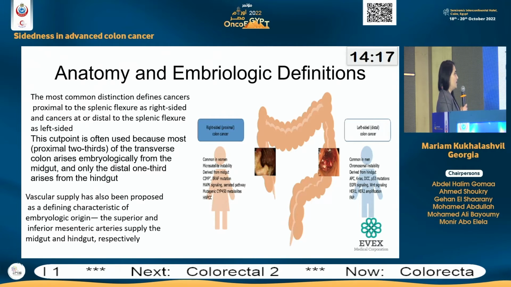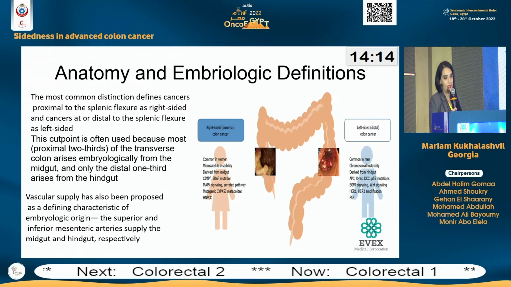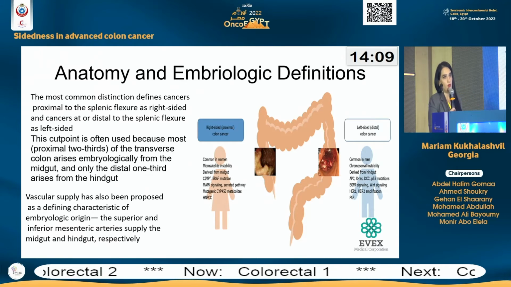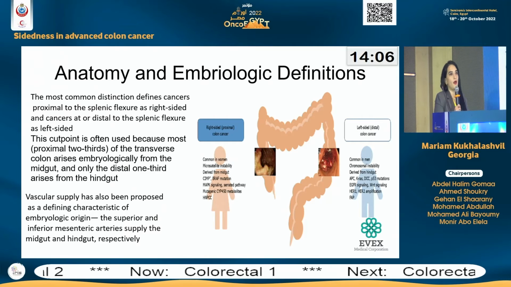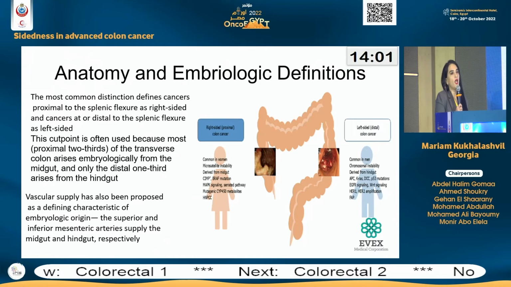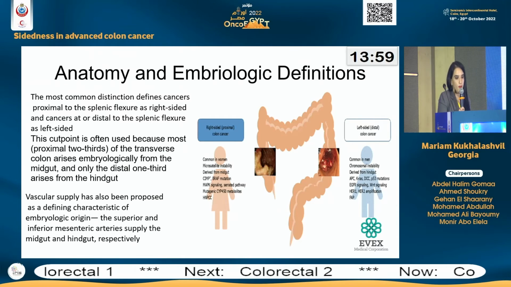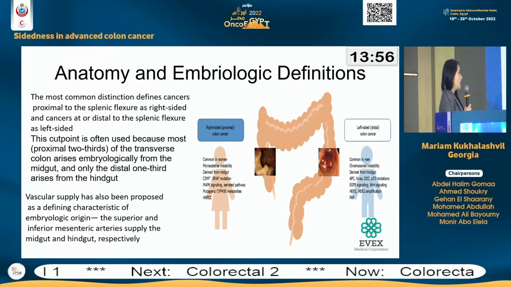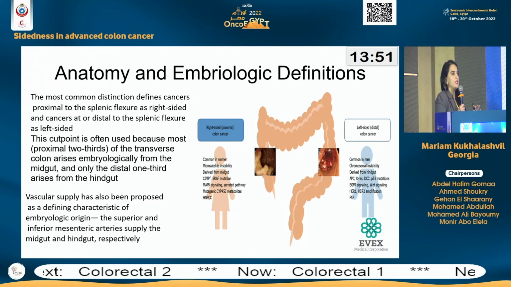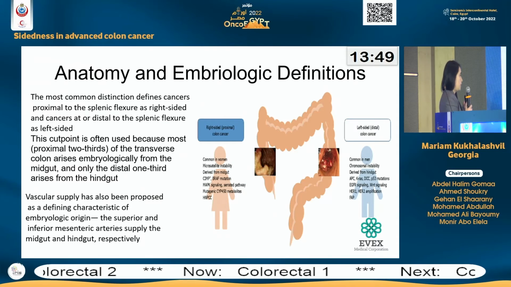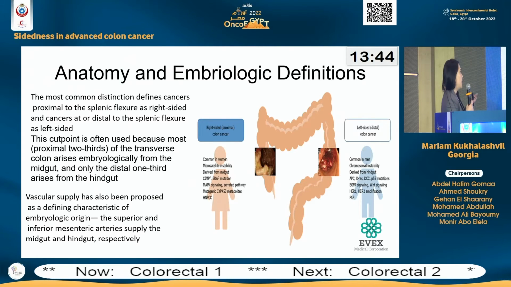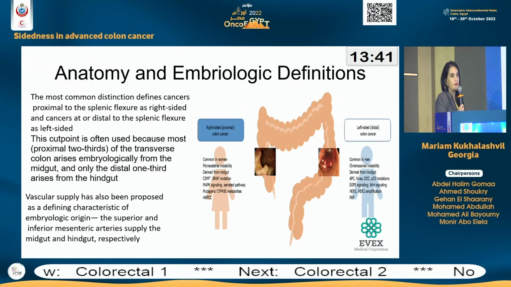The first question is, what is the right and what is the left? The midpoint between the left and right-sided colon is the splenic flexure. To the right is the proximal part, and to the left is the distal part. And regarding vascular supply, we know from embryology that these two parts of the colon have absolutely different origins, because the left-sided colon arises from the hindgut and the right-sided colon arises from the midgut.